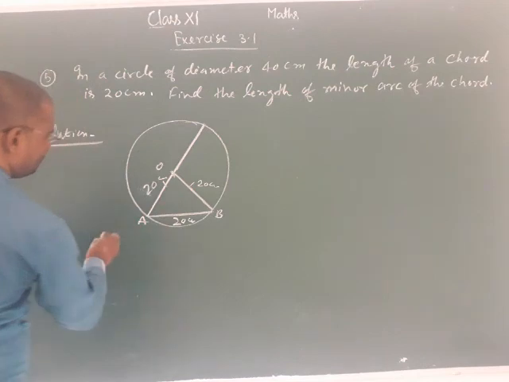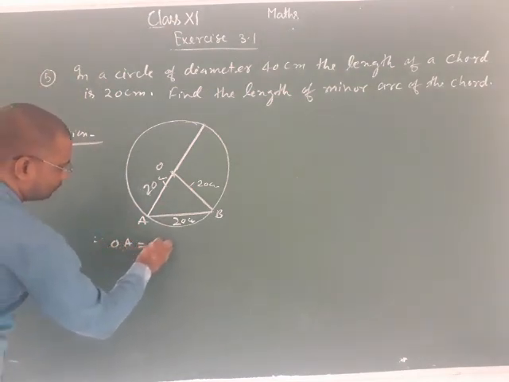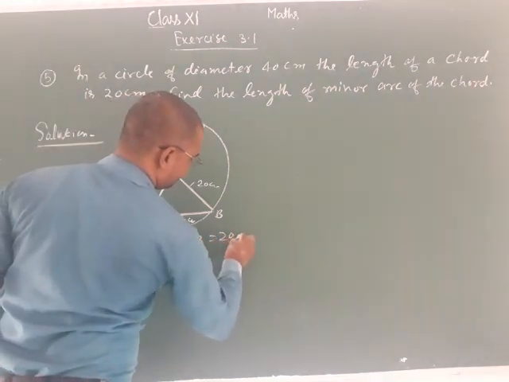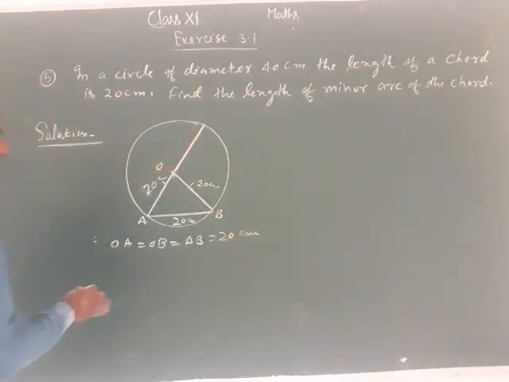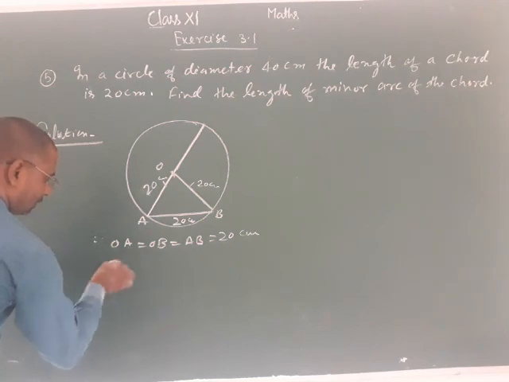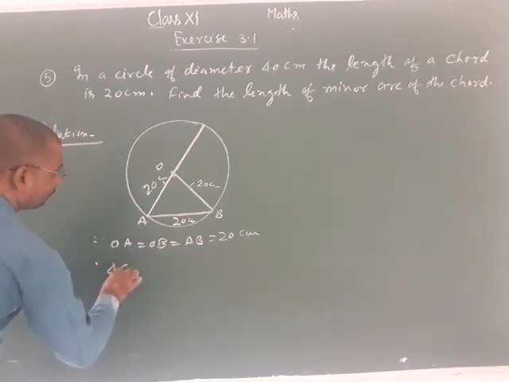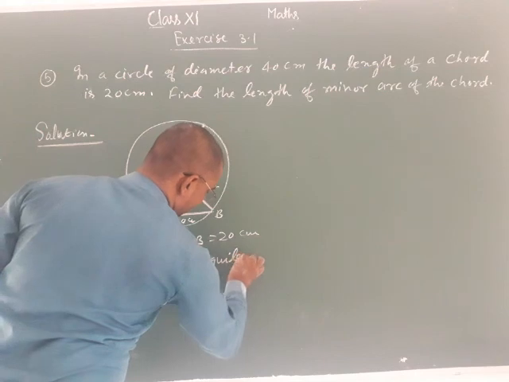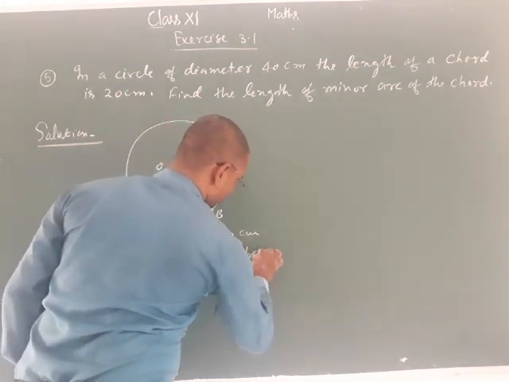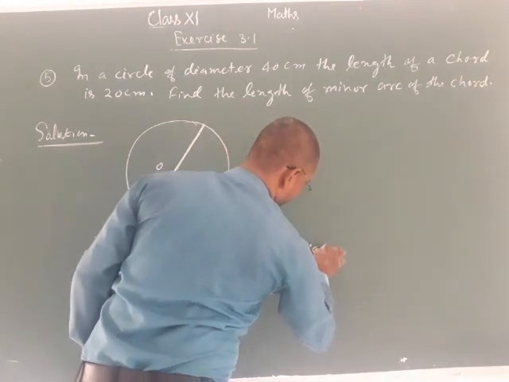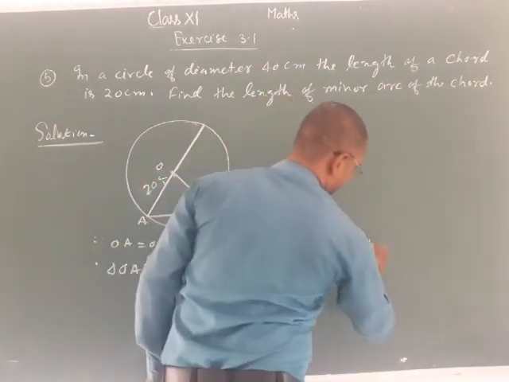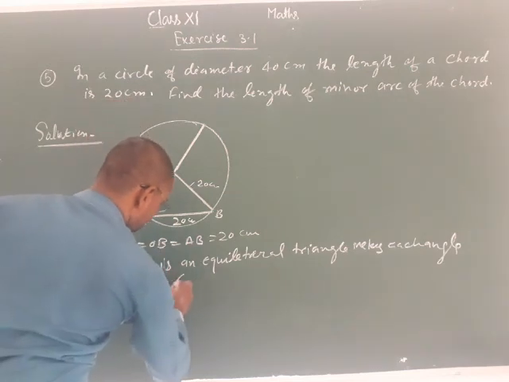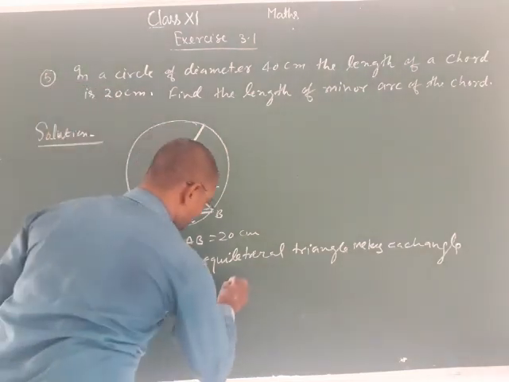Since OA is equal to OB is equal to AB is equal to 20 centimeter, therefore triangle OAB is an equilateral triangle, which makes each angle 60 degree.